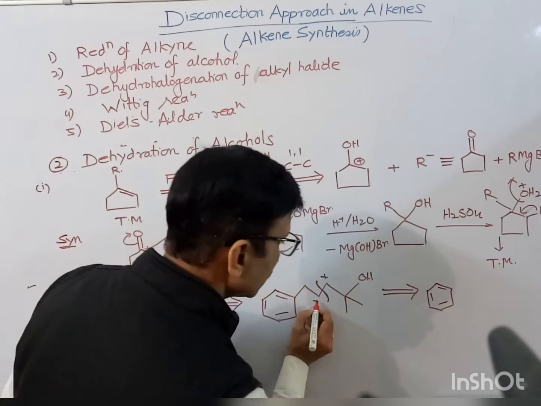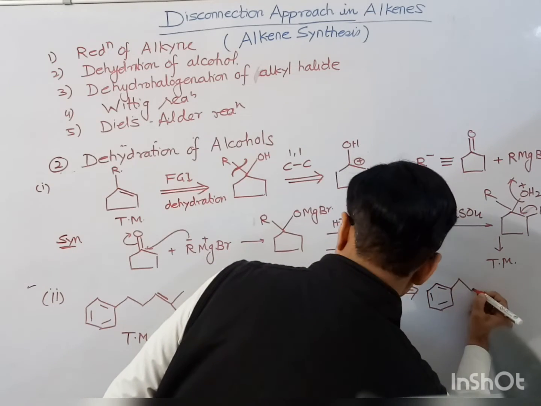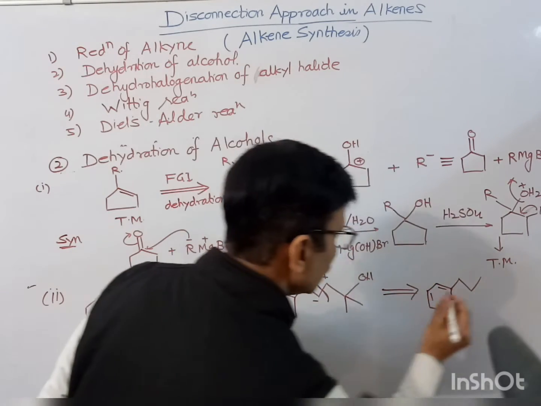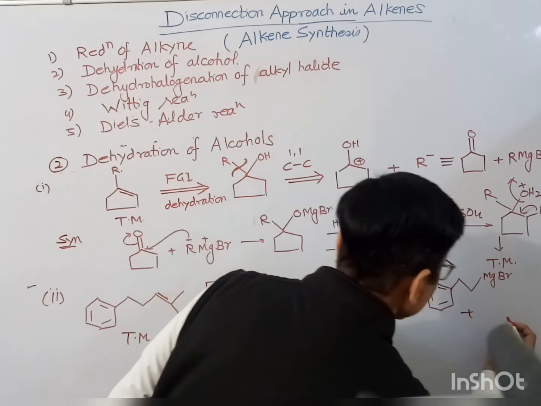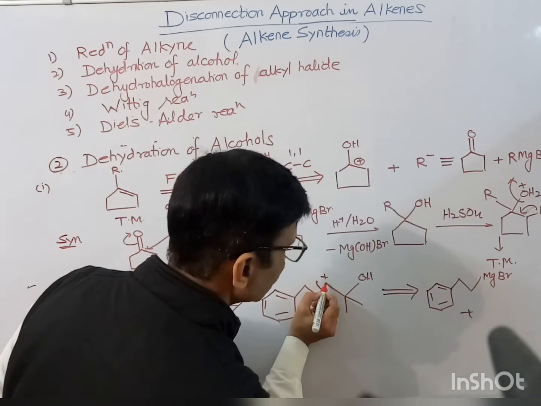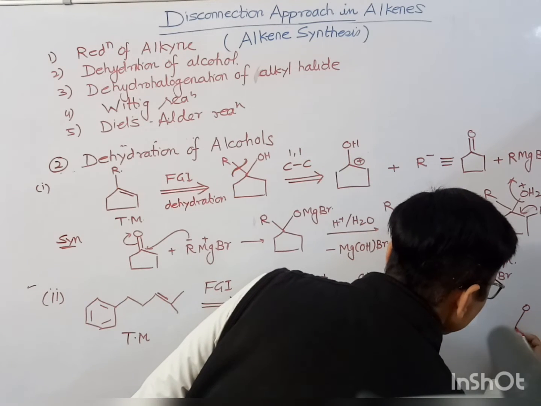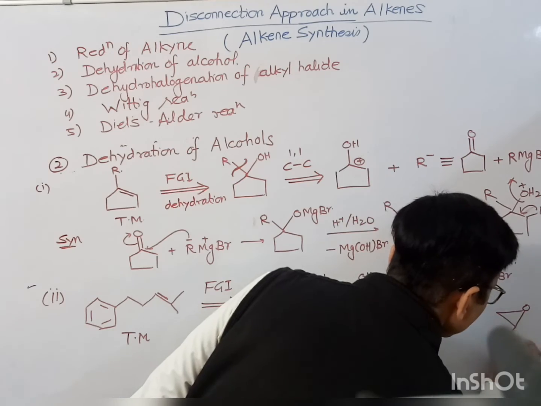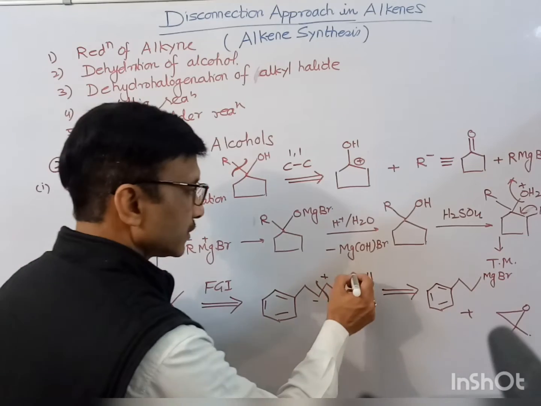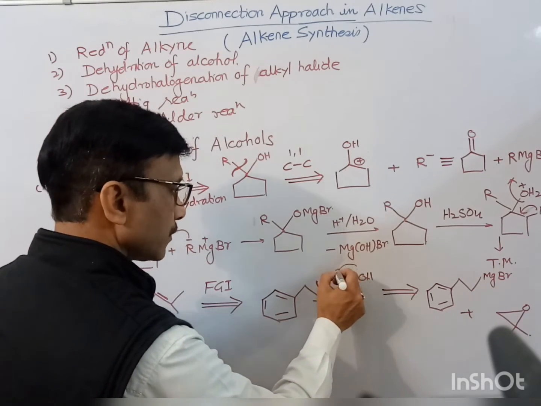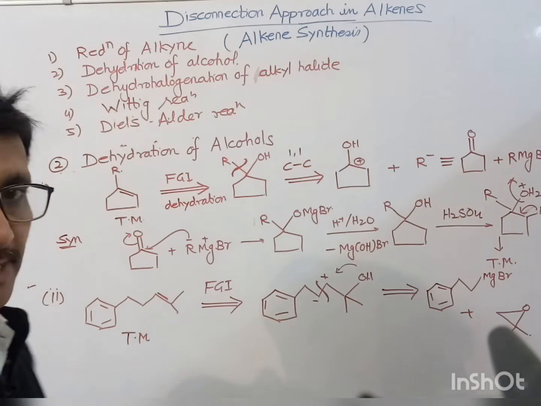For the negative, you may add the MgBr over here, and plus you will have positive charge over here, so it will form the epoxide as a synthetic equivalent.